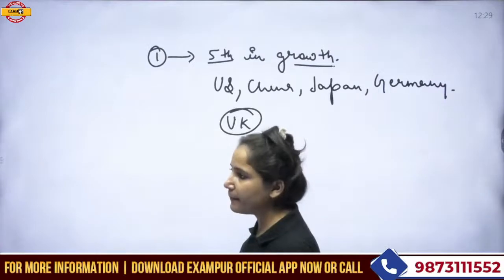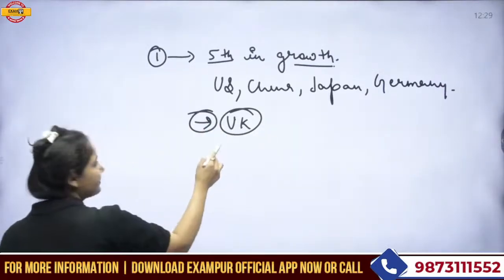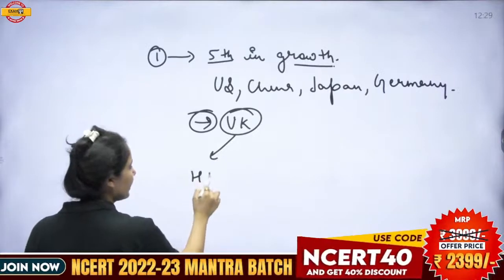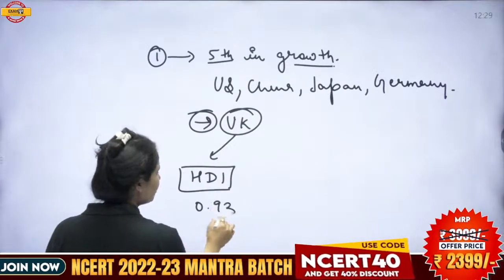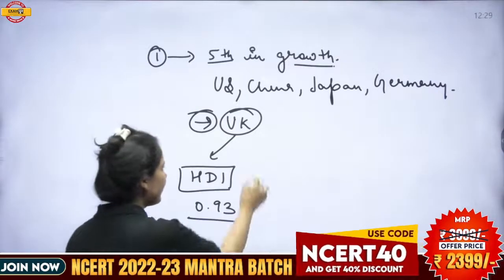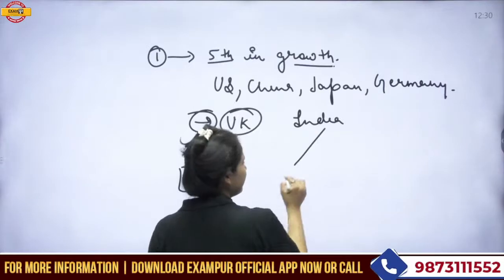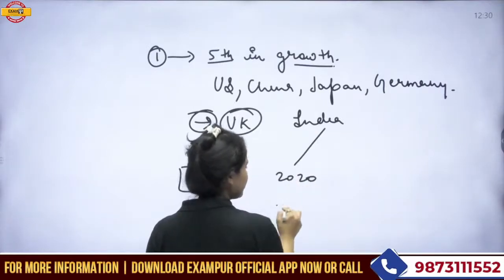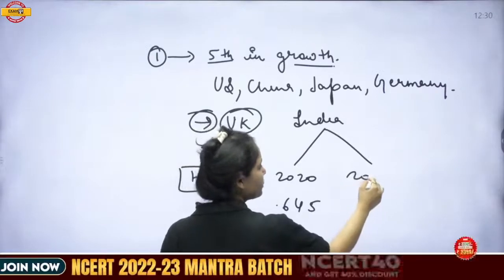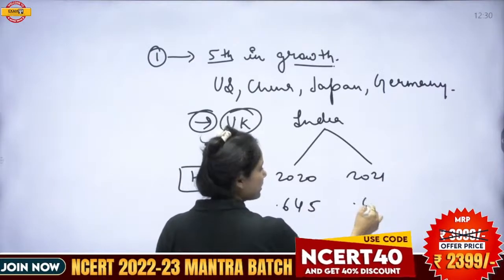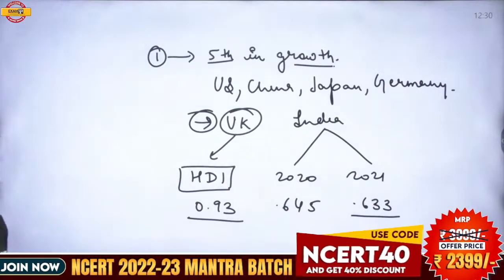And if we are making comparison with this country, in case of HDI, it is near to 0.93, and where India is standing right now, in 2020, it was 0.645, and in 2021, it was 0.633.